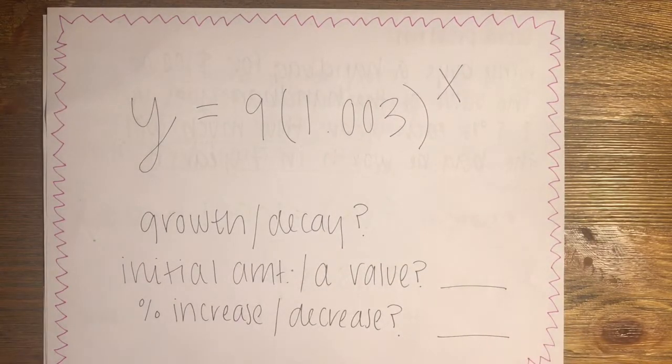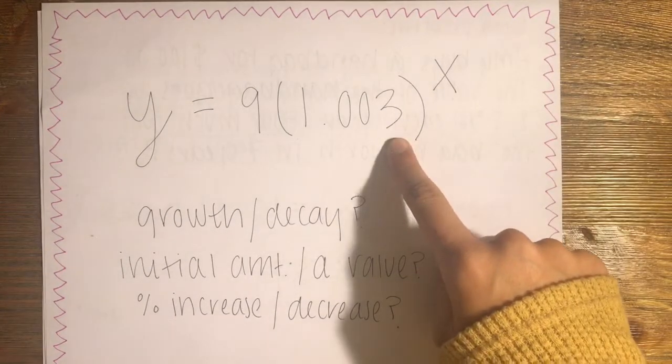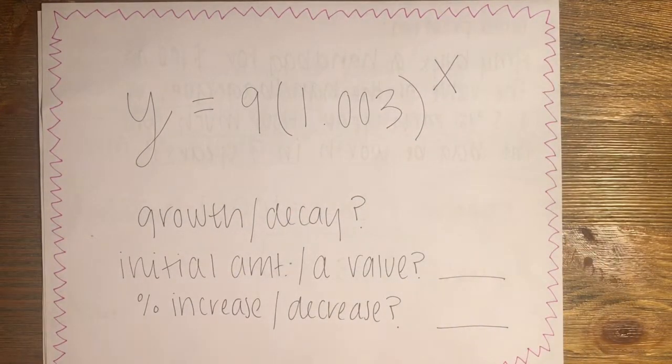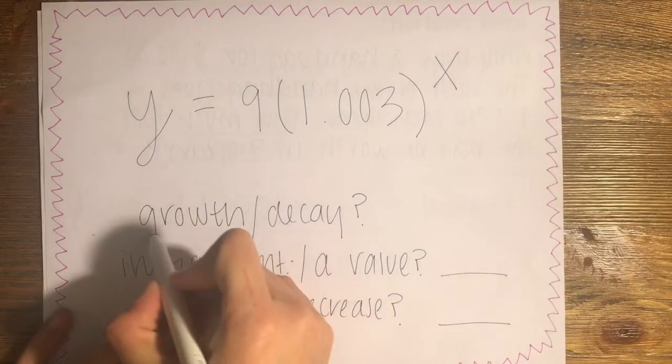All right, so let's answer some questions. Here we have this equation, y equals 9 parentheses 1.003 to the x. So is it growth or decay? Well, our B value over here is more than 1, so there's going to be growth.